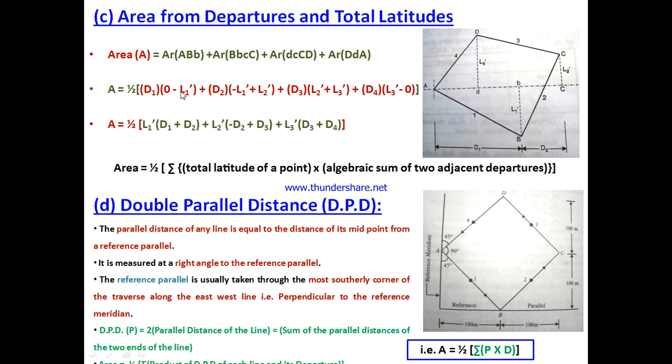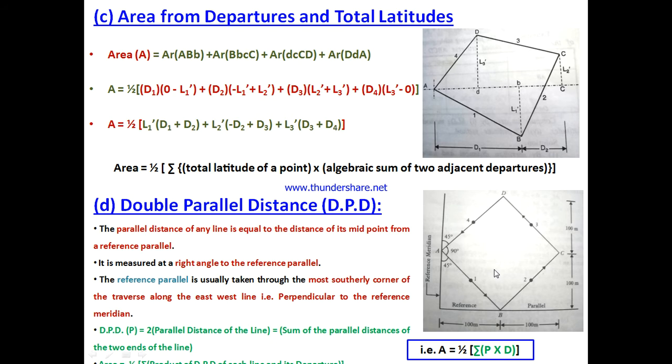After rearranging this particular term, you are left with this formula. So here you can say it is the latitude of a given point into the algebraic sum of the two adjacent departures. We can apply these formulas like adjacent departures D1, D2, D2, D3, D3, D4 and the total latitude of that particular point. So in this manner you can easily calculate the area of a given traverse with the help of departure and total latitude.